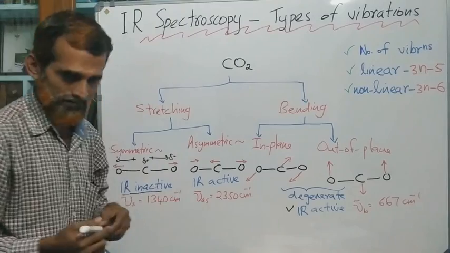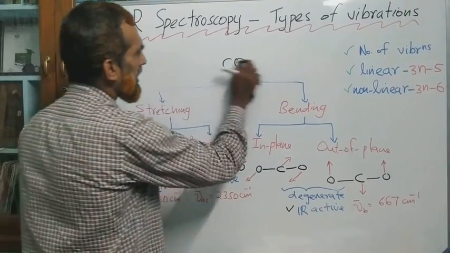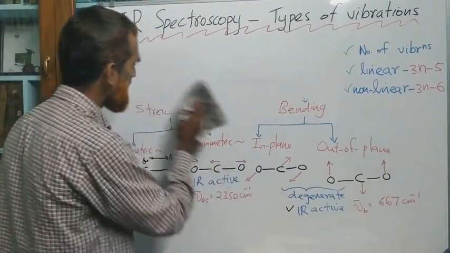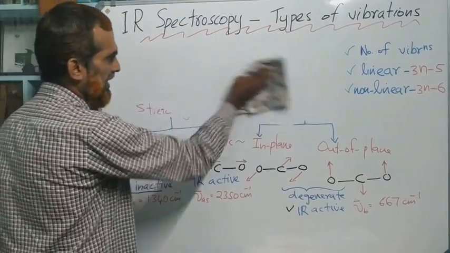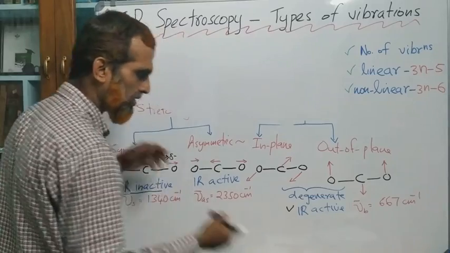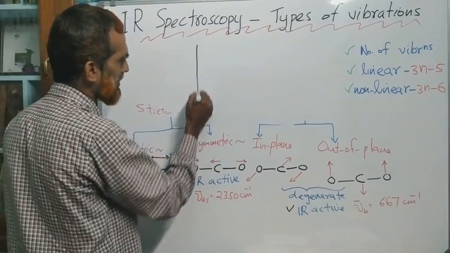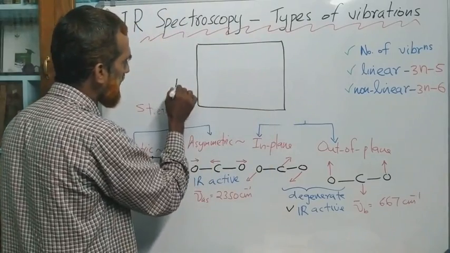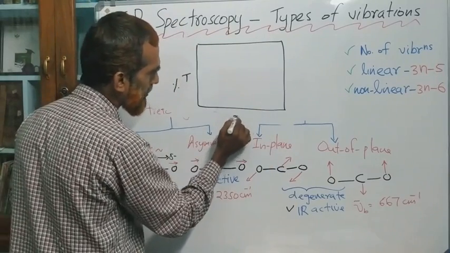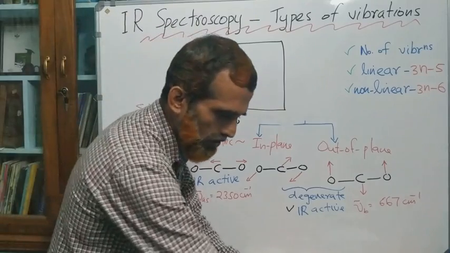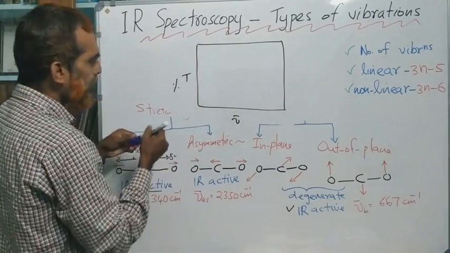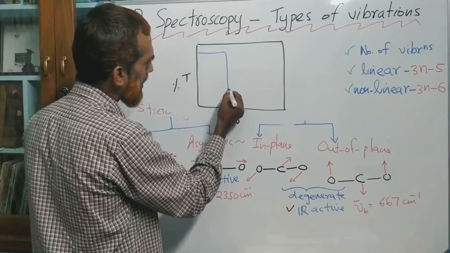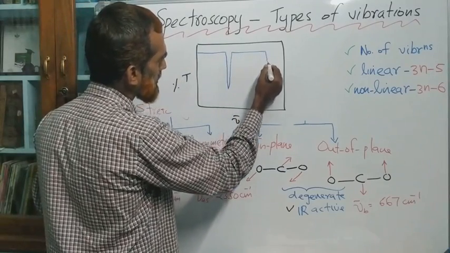So in short, if you look at the IR spectrum of carbon dioxide, you can see two peaks in it, right? So how is IR spectrum plotted? We have seen in the previous class. It is plotted between percentage transmittance against wave number, and you can see two peaks for carbon dioxide like this.